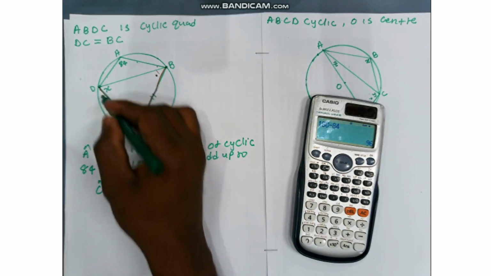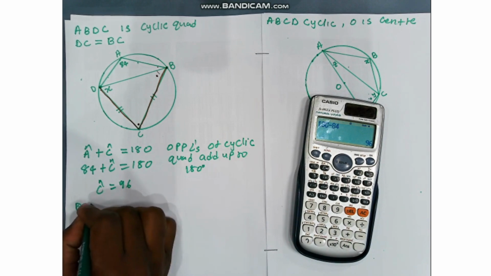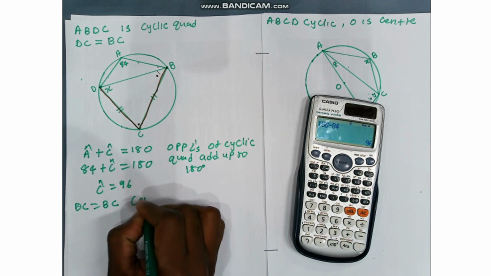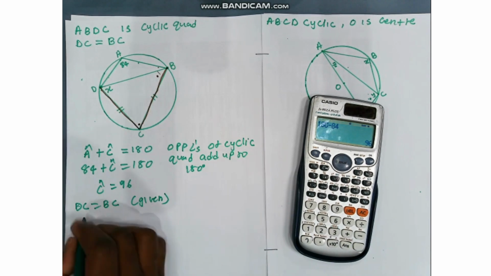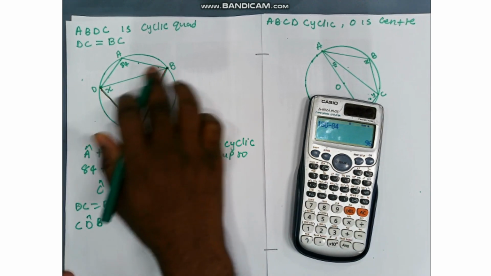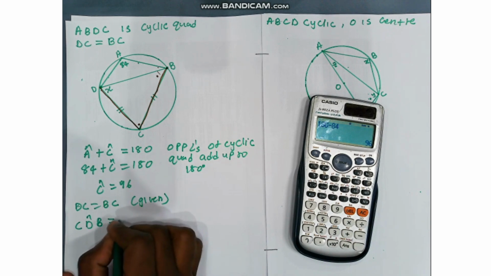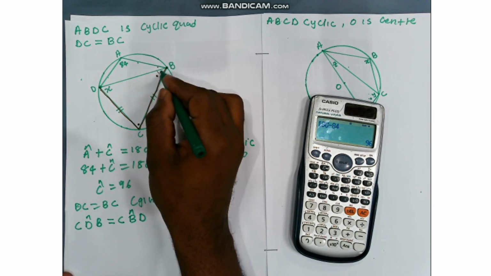Then from here and here we're given that DC is equal to BC. This is given. Since this is given, now we know that angle CDB, this angle here, is equal to angle CBD, this angle here.